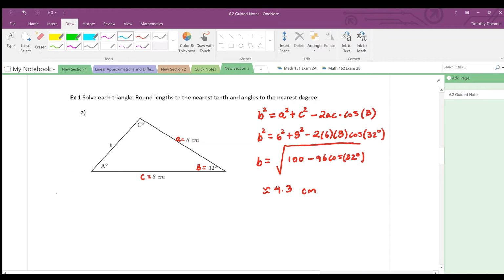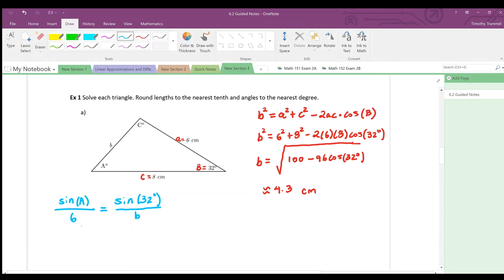Let's do that. So we'll have sine of A, all over length A, which is 6, and then sine of 32 all over b. So this side over here on the right, I'm using this because that was our corresponding side and angle that we know.